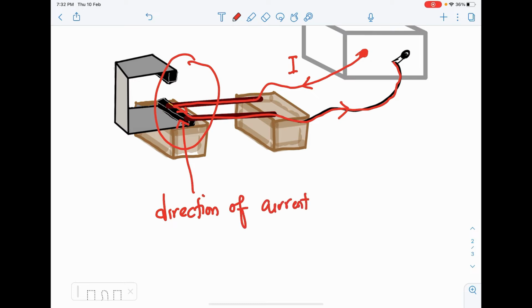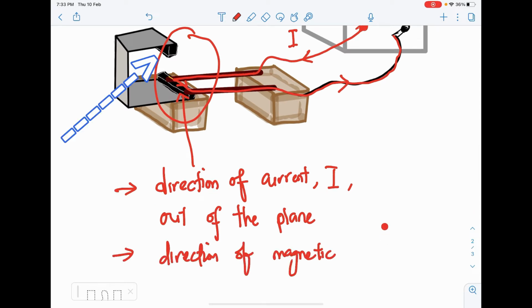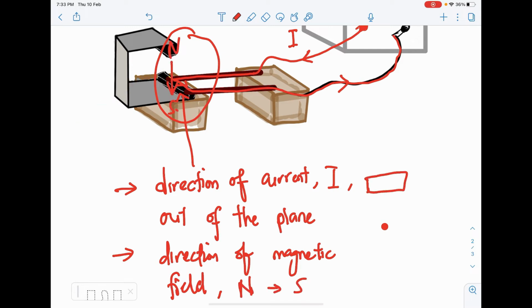The direction of current, I, is out of the plane. The direction of magnetic field is from north to south. During this experiment, we can also determine the direction of the copper wire's movement based on Fleming's left-hand rule.